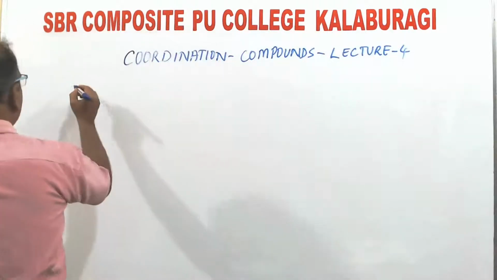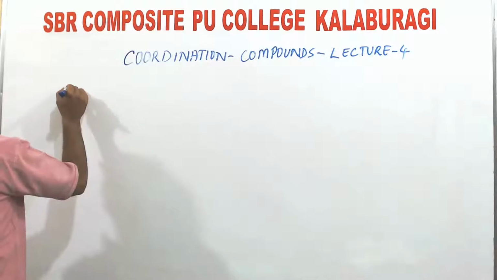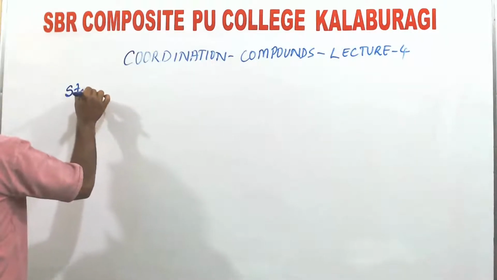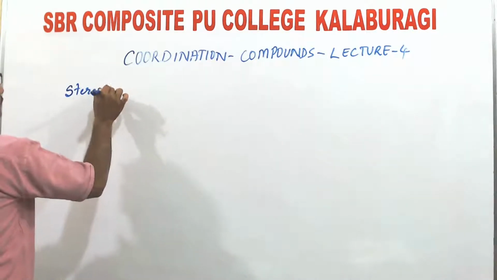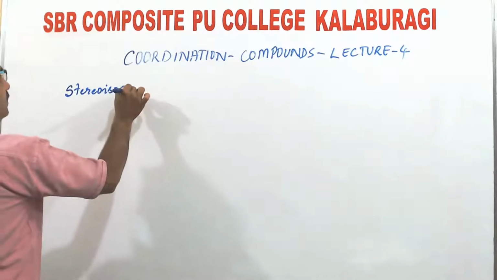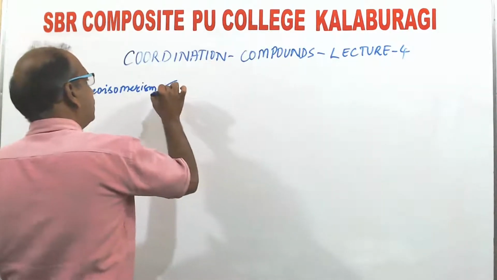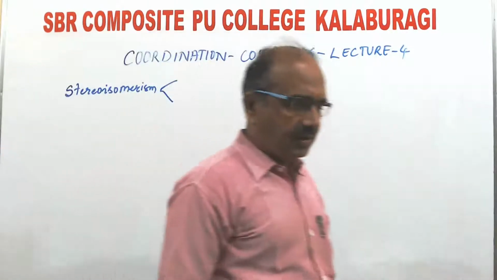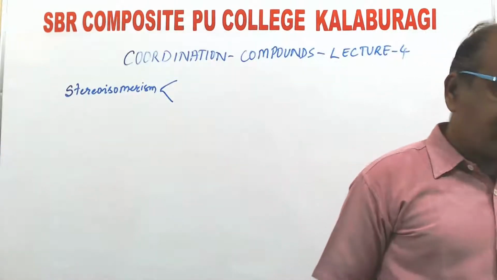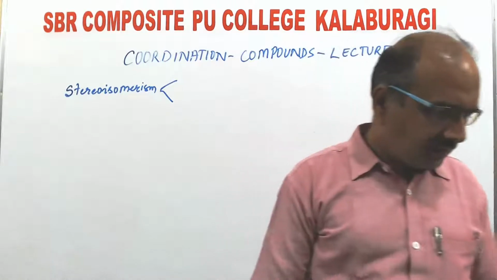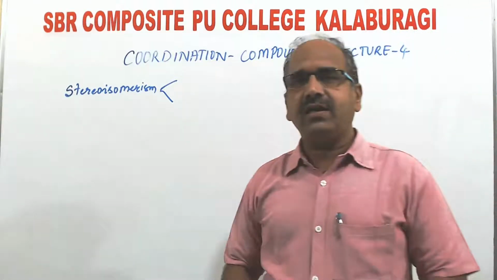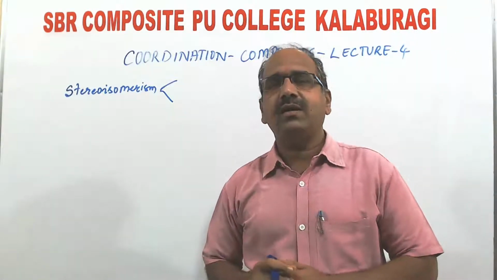Now geometrical isomerism is a type of stereoisomerism. Stereoisomerism depends upon the spatial arrangement of the ligands around the central metal atom.